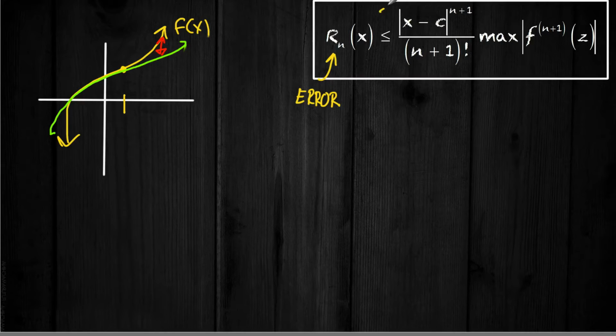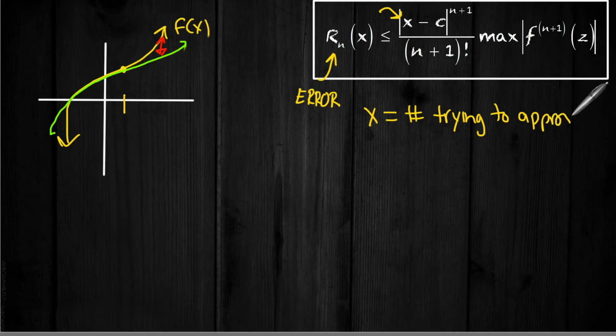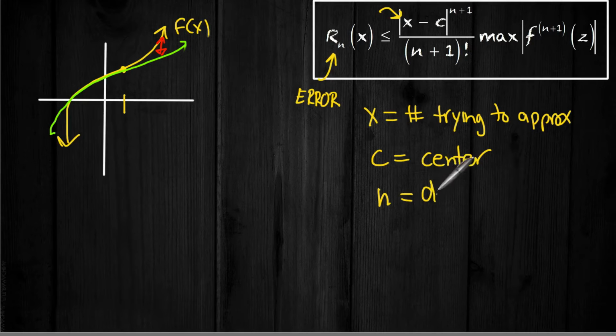Now x is the number you are trying to approximate at. And c, of course, we know by now is the center, where you're centering the function. n is the degree of your polynomial.